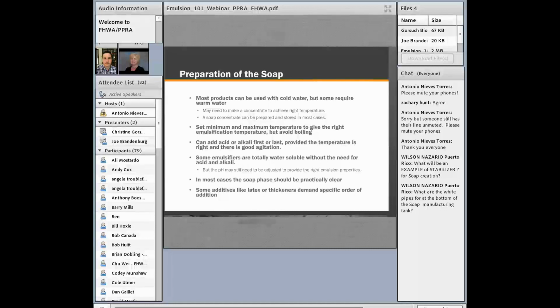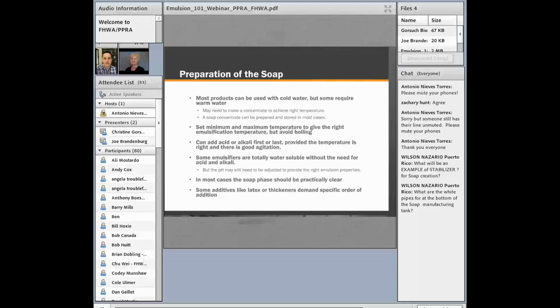There are some emulsifiers that are completely soluble within water, and they don't need an adjustment. These are pretty nice emulsifiers to use because it saves time. But again, not every emulsifier will meet your needs. So you have to talk to your vendor to figure out what works in this system and what's going to give me the best emulsion.